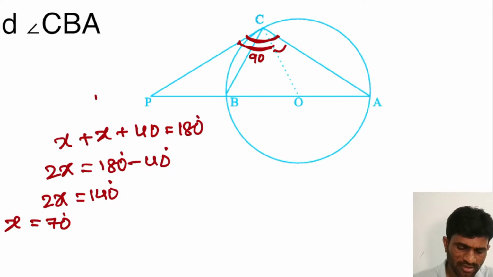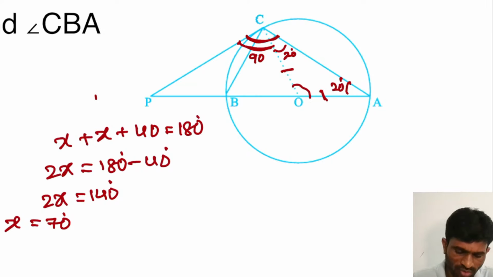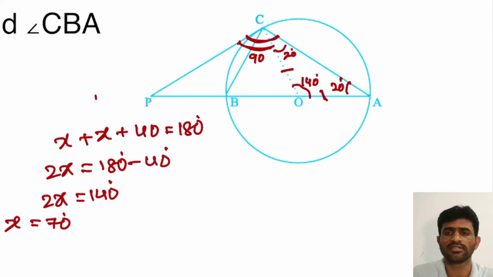Then this is 20. If that is 20, this is also 20 because these two sides are equal. Both are 20, 20. This becomes 140 because the sum of three angles should be 180 degrees. So 20, 20, so that should be 140.